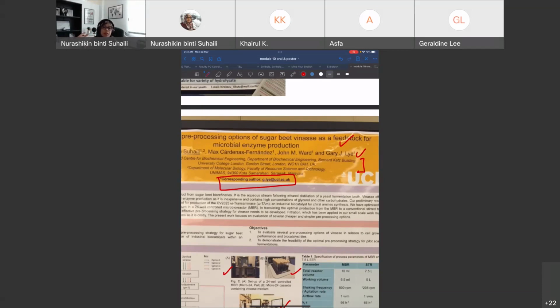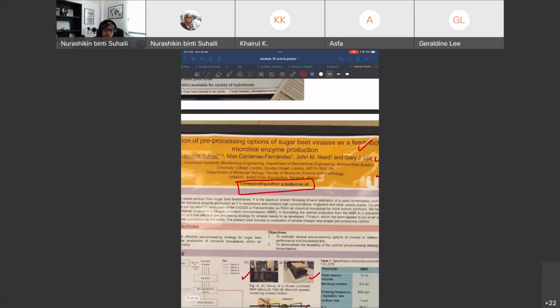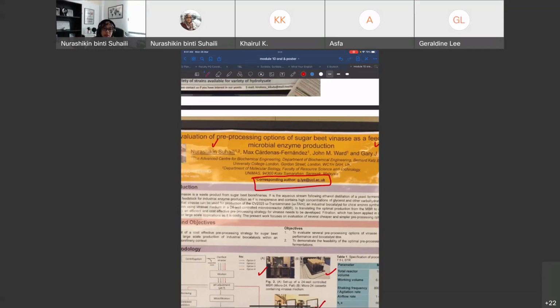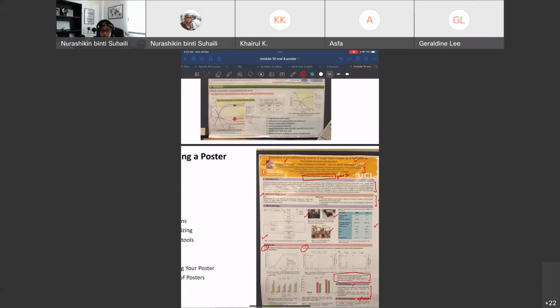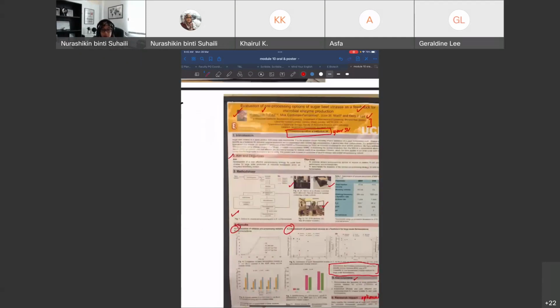So he or she should be the corresponding author of the project, because it's from him or her, right? And you get the credit as the first researcher here. But the corresponding author should normally be your supervisor, so that should be your supervisor's email address. So you should mention it.